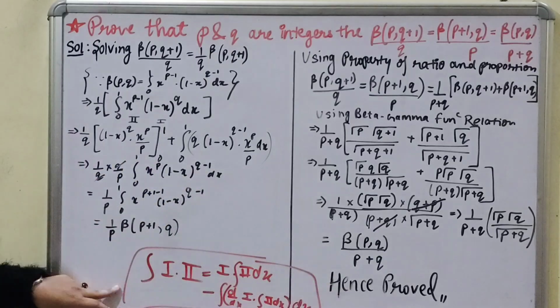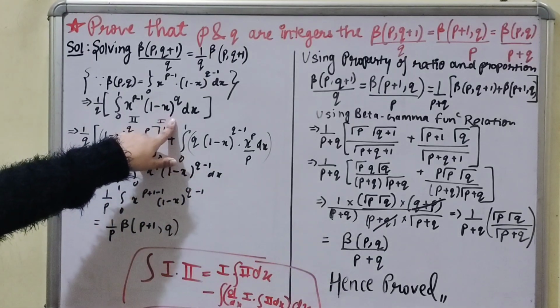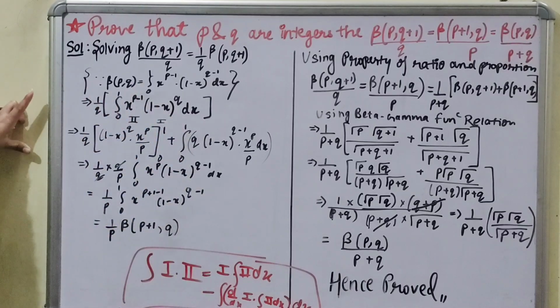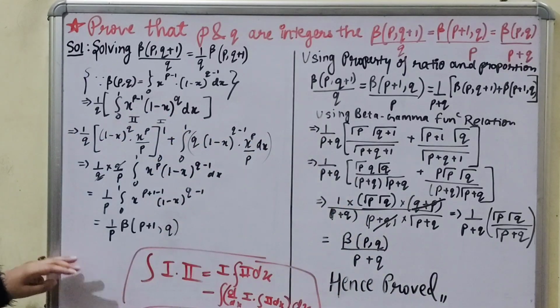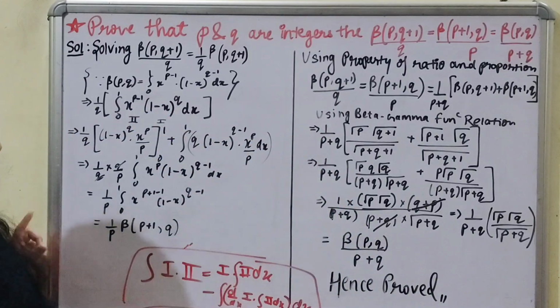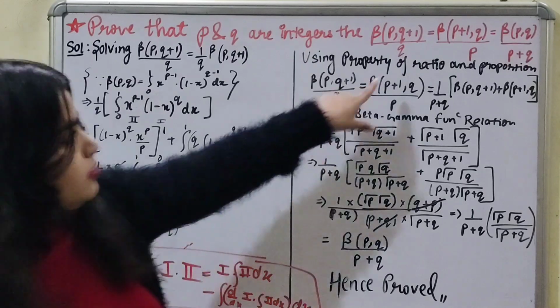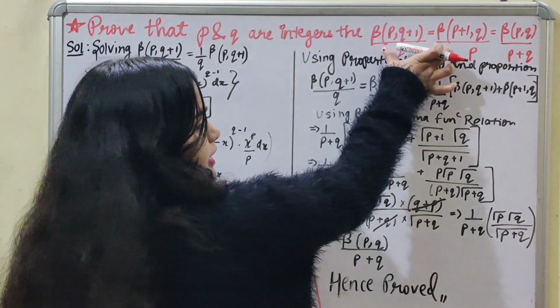We have taken the first function as 1 minus x raised to the power q and the second function as x raised to the power p minus 1. After putting the limits we are getting 1 upon p beta of p plus 1 comma q. So we have proved the first term equals the second term.